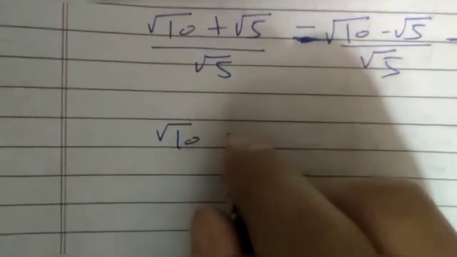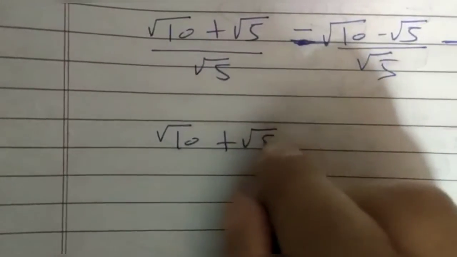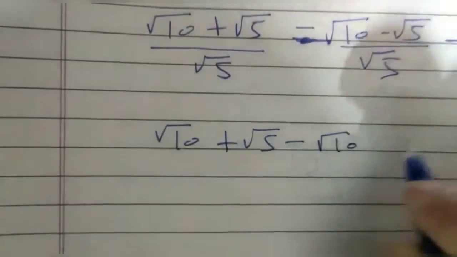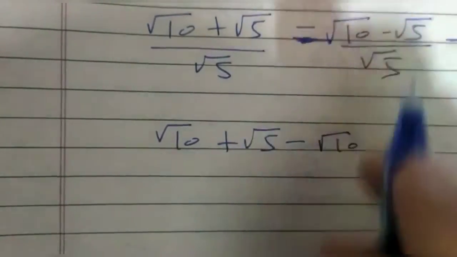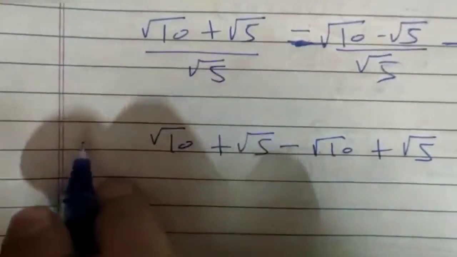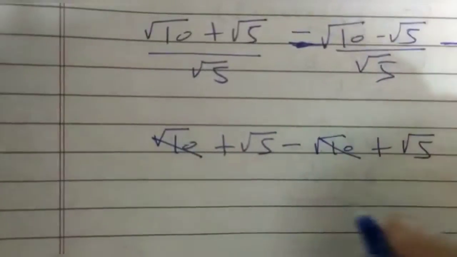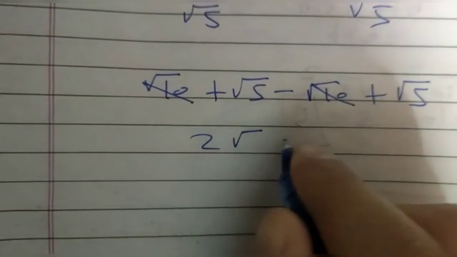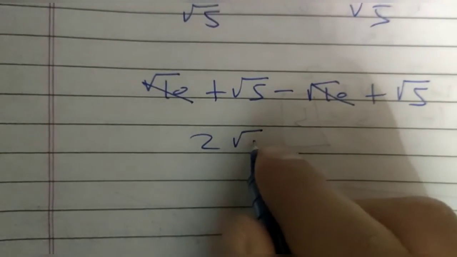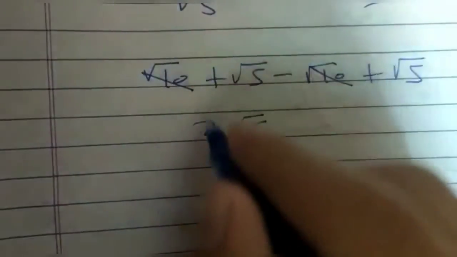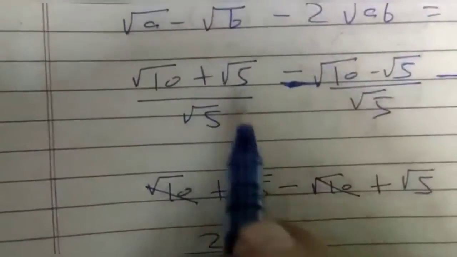The denominators are the same. Here is the minus sign of subtraction. Then I will write it like this: root 10 plus root 5 minus root 10 plus root 5, because minus minus is plus, plus root 5. Then this root 10 will be cut with root 10. Now I am left over with 2 root 5 upon root 5, because here was this denominator.